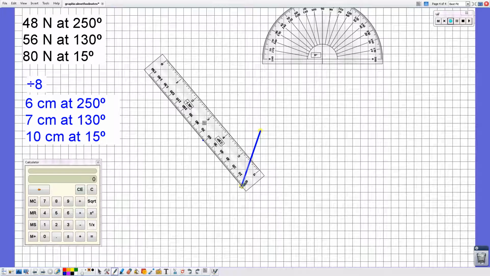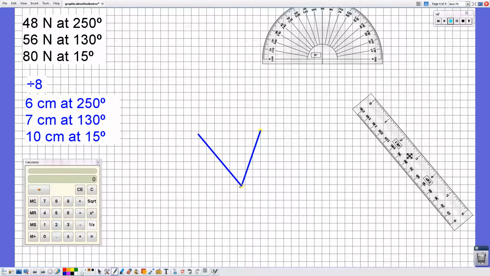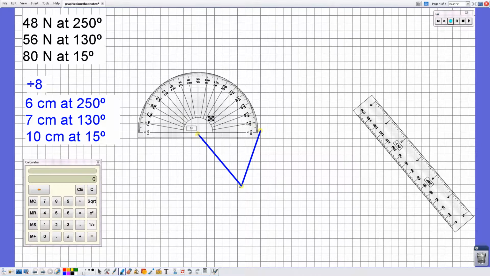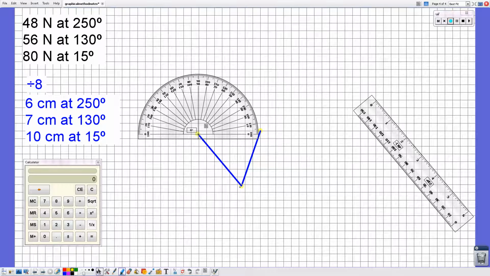So 0 to 7. See, that time I went through the dot, and that's okay. Alright, and now I'm here. I'm not done yet, because I got one more to do. There, 10, 20, 15's right in between the two. Oh, that's 16. There we go.